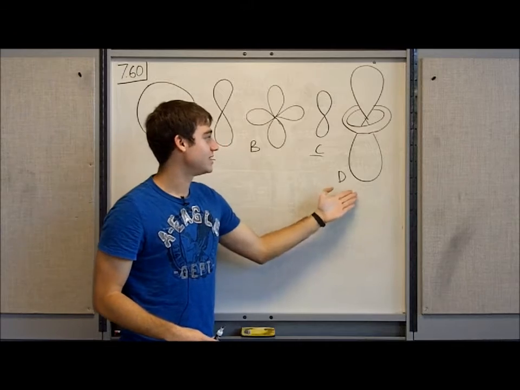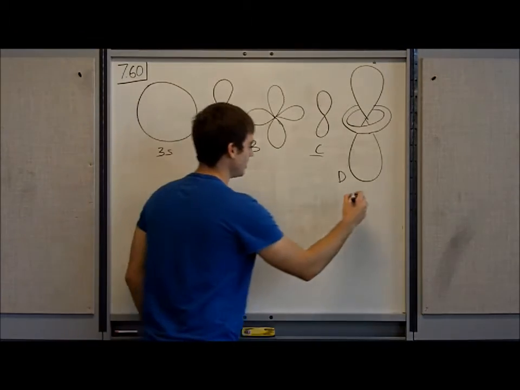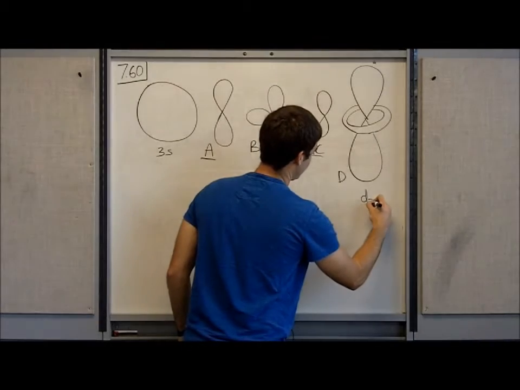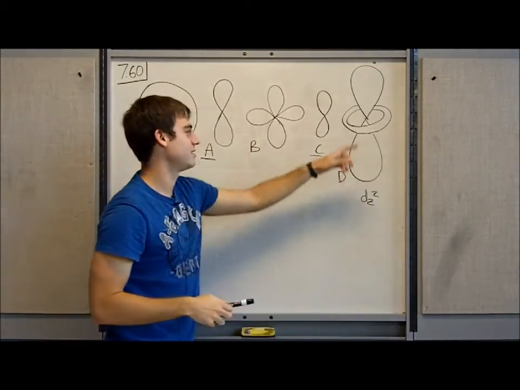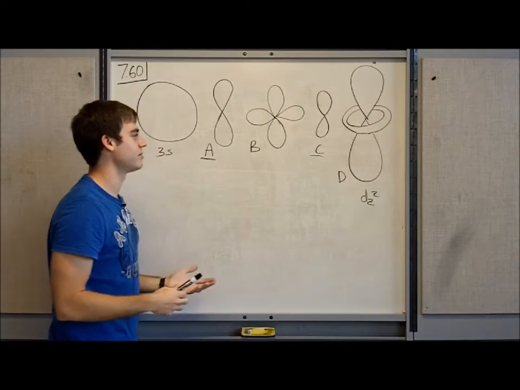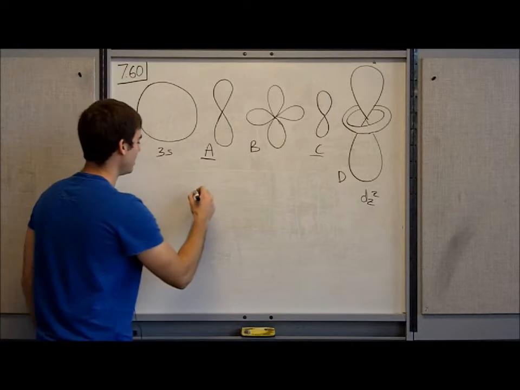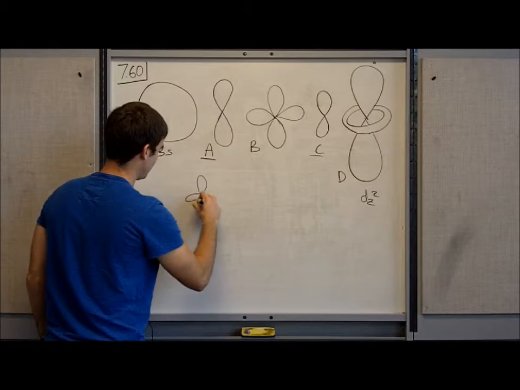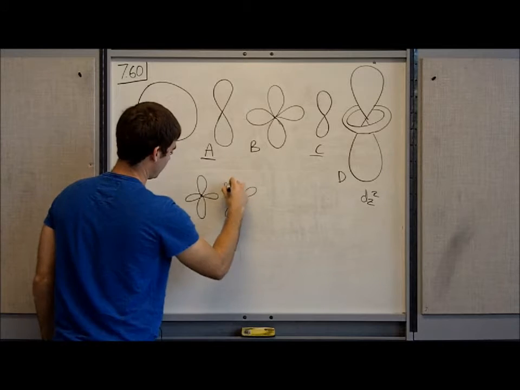And finally, orbital D is a dz squared orbital, so it's actually also a d orbital. Even though it has this weird dumbbell shape at the donut hole, it's not a p orbital. So the five d orbitals look kind of like this.